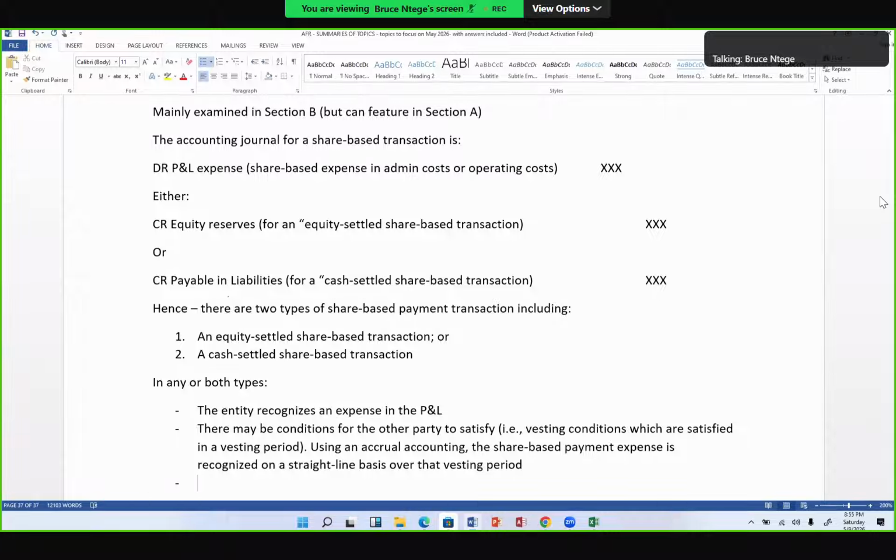One, when does the entity recognize the share-based payment expense? And how much does the entity recognize in the financial statements? So one is the recognition criteria, the recognition guide, that is when you recognize. The other is the measurement guide.